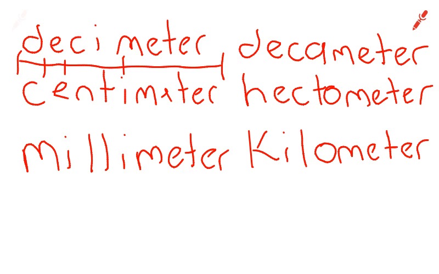Pretend these are all even parts. I think I need one more line. I'll just squeeze it in there. Your decimeter would be one of these. It's 1/10 of a meter.